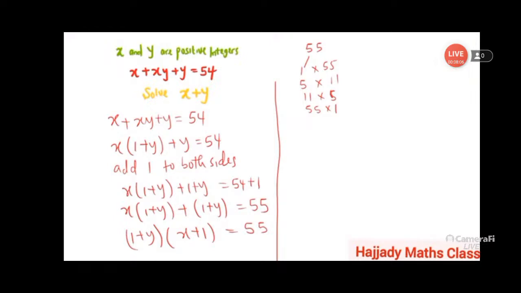And for our x and y to be positive integers, it shows that the value of our x must be greater or equal to 1. And likewise, the value of my y must be greater or equal to 1. And looking at this, what satisfies this condition is only 5 and 11, okay? These are the two conditions that satisfy this, because in this case now, our x is not greater than 1, and here, my y is not greater than 1.